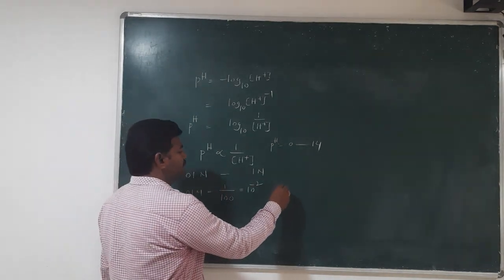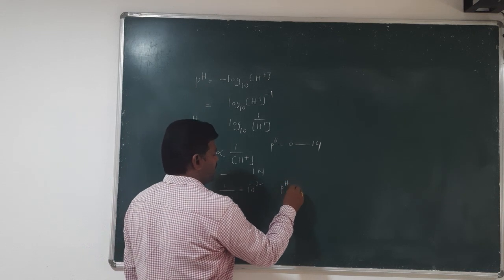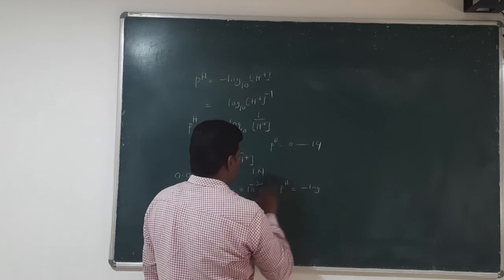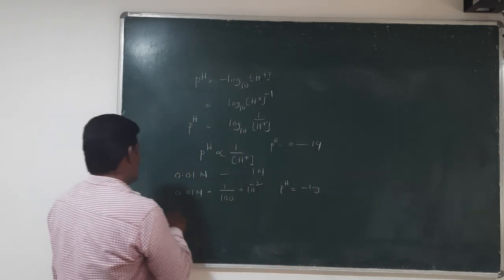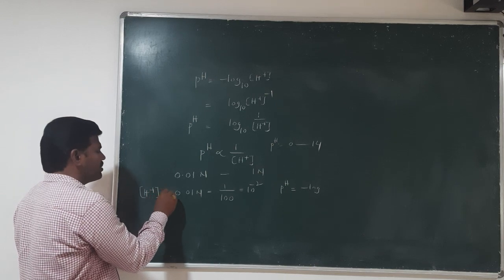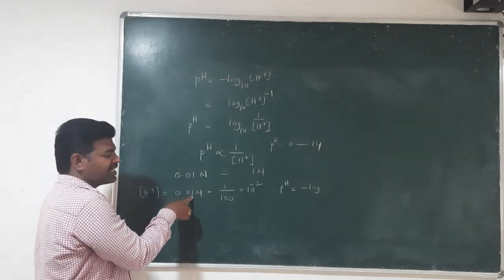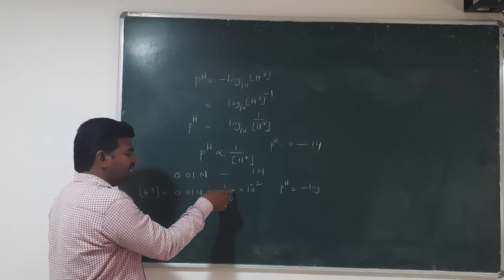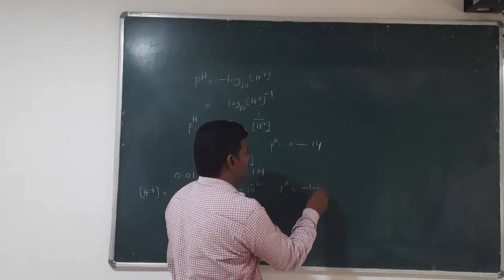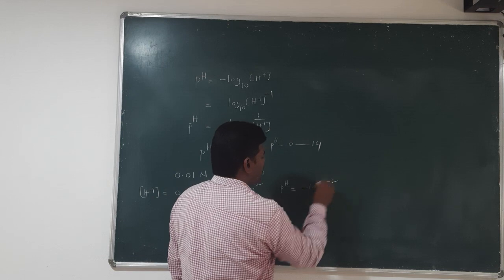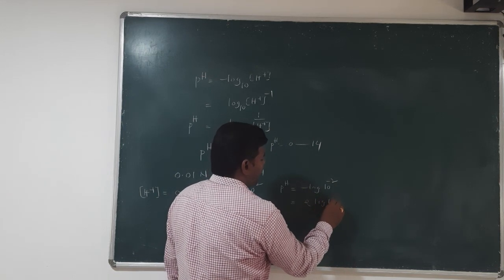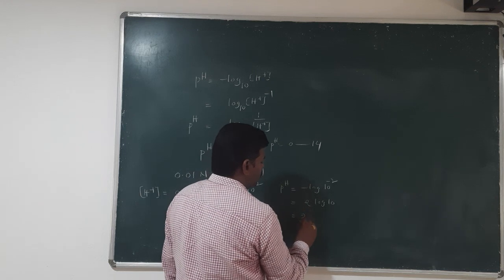If you calculate the pH for this concentration of H plus ions, it is the negative logarithm of the concentration of H plus ions. Here the concentration is 0.01, which can be written as 10 power minus 2, so the pH is 2 log 10, that is, pH is 2.